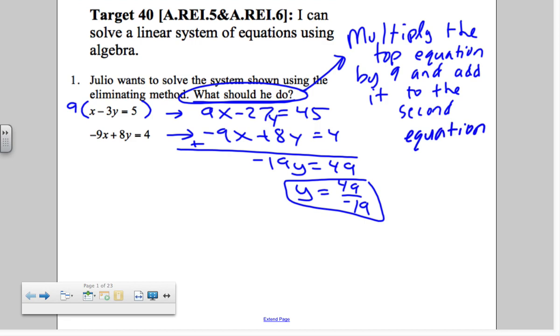And then, of course, the rest would follow with solving for y, and then once you have y, you'd probably substitute and solve for x. But I'm more so just concerned with, can you get that first step of elimination down? So we've eliminated the x's.